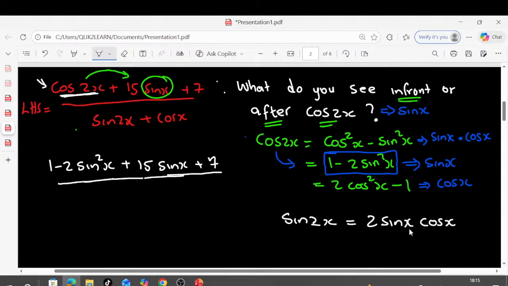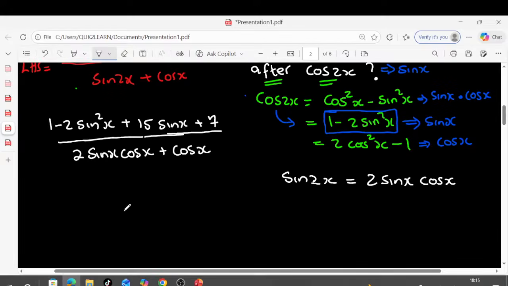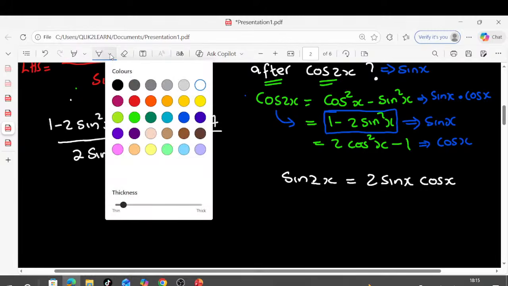So where I see that, I can put 2 sine x cos x plus cos x. Let's go and arrange this equation on top, because we need to put the equation on top in the form of a quadratic equation.